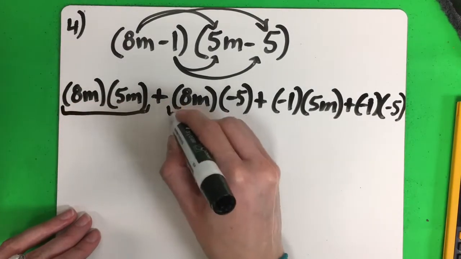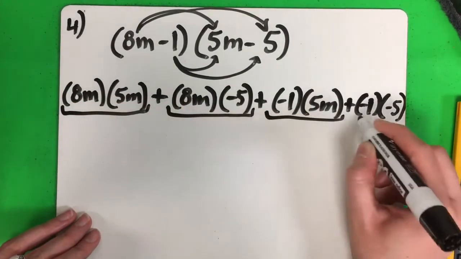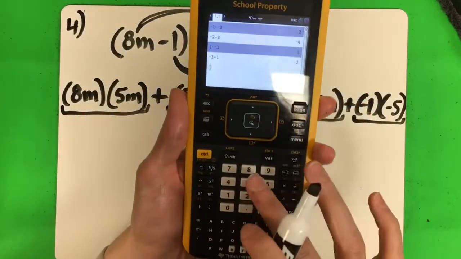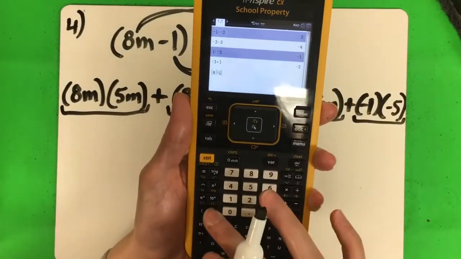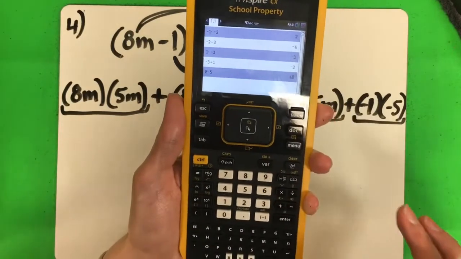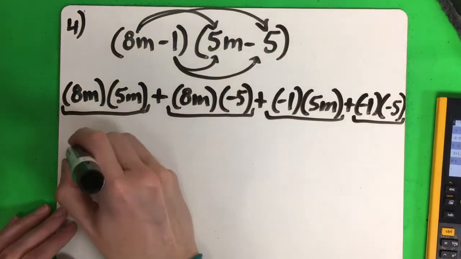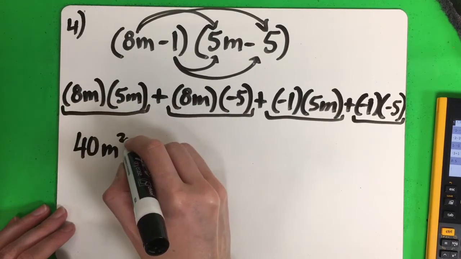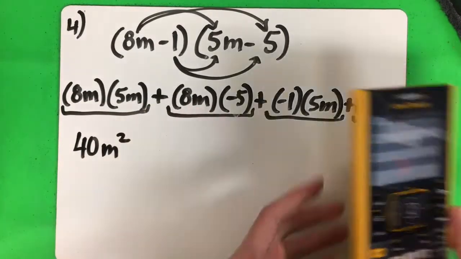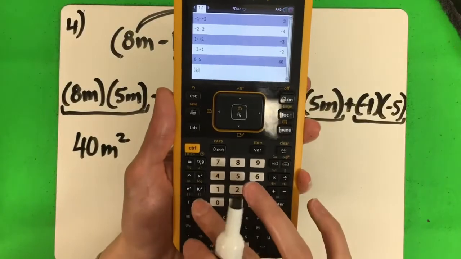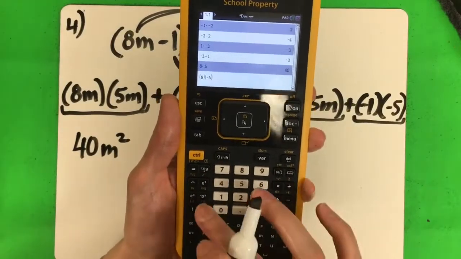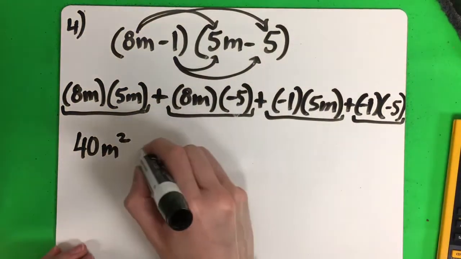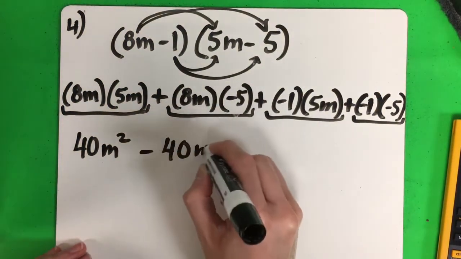Okay, our parenthesis groups, remember there's 4. 8 times 5, parenthesis 8, parenthesis 5, enter. 40. 8 times 5 is 40. 40m, 2 m's, squared. 8 times negative 5, enter. Negative 40m.